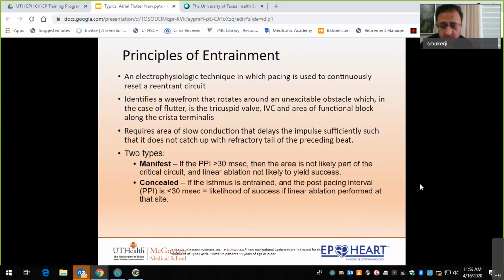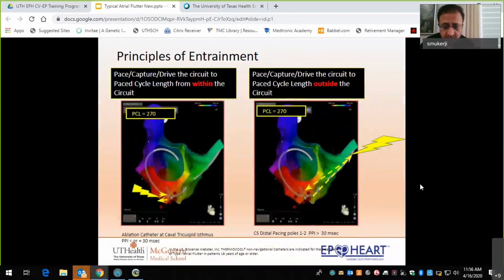And more importantly, anatomically speaking, you're in the right area. Just to explain that further, if you're pacing CS 9-10 and you entrain the tachycardia, and the PPI minus tachycardia cycle length is less than 30 milliseconds, you're within the CTI area most likely, and that's what you're going to ablate.